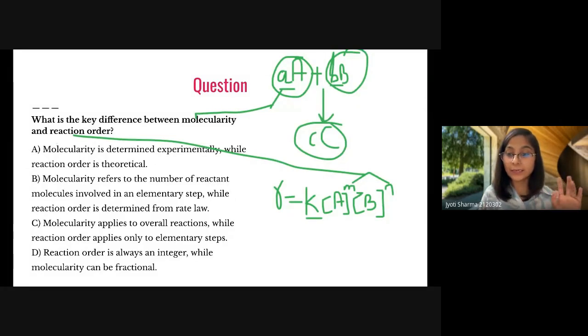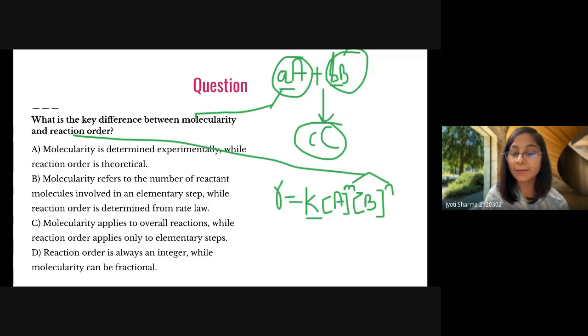In the very first question, what I told you is that this m and n we can't calculate from the small a and small b. We have to derive them experimentally. So m and n are nothing but the orders, and these we have to estimate experimentally.